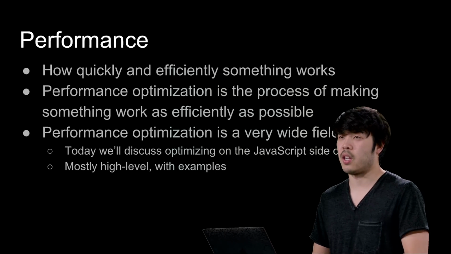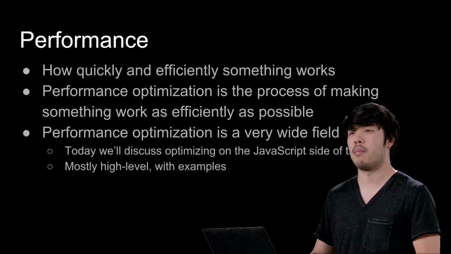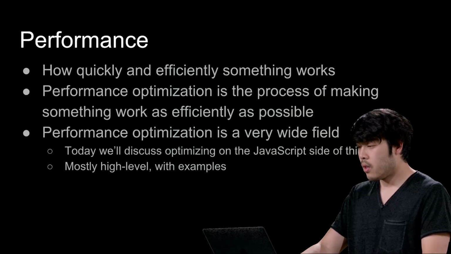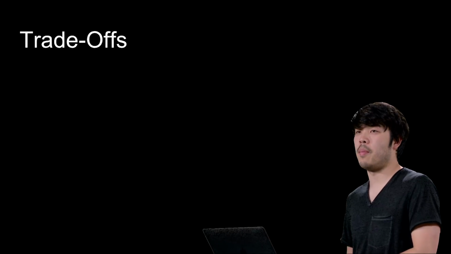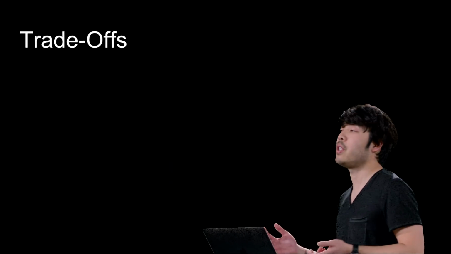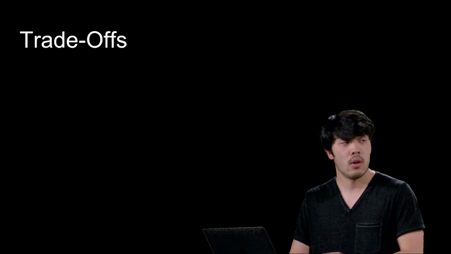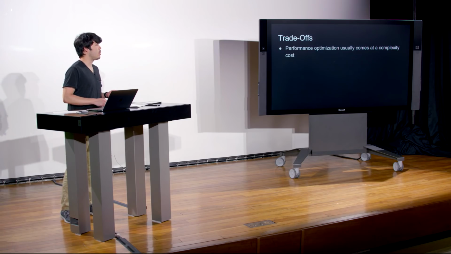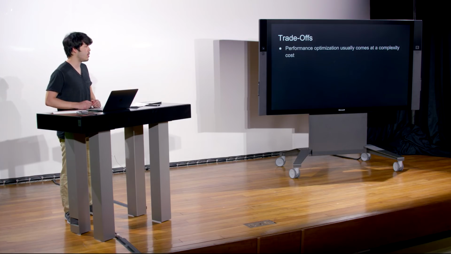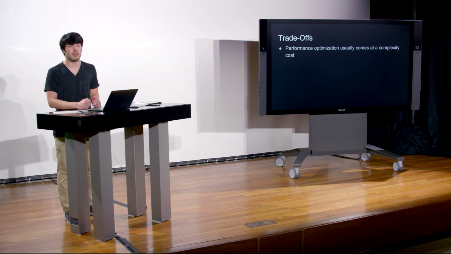We'll mostly be talking about high-level things with a few examples along the way. So one thing that's important about performance is knowing that there are actually trade-offs involved. By optimizing performance, we usually pay some sort of cost, and this cost is usually in your application's complexity. So in most cases, it's actually not worth optimizing your code.